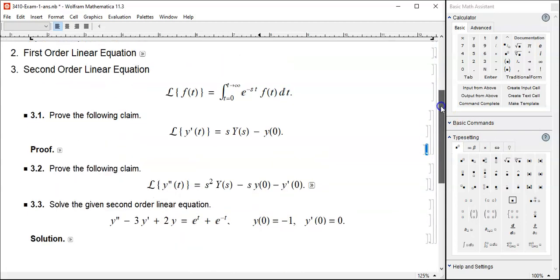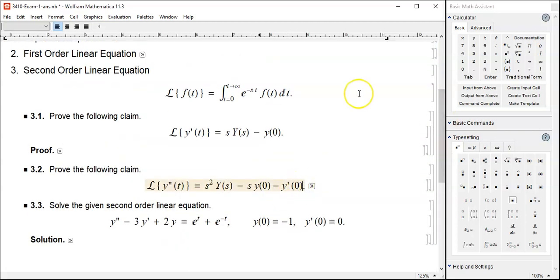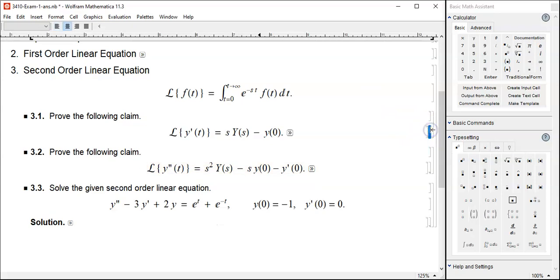Next, let's consider the same kind of formula for the second derivative. One way to do this is to apply the integration by parts twice. You're going to get some expression of Laplace transform of y prime, and do it again to get the original, but you don't really have to, as a matter of fact. Turns out you can use this. How? All right, here we go.